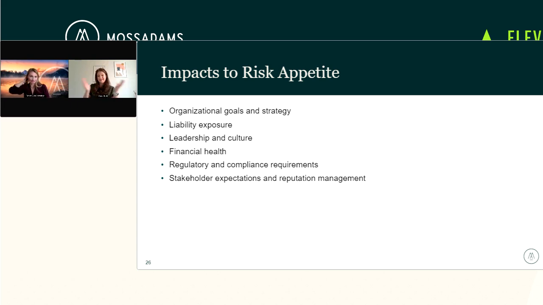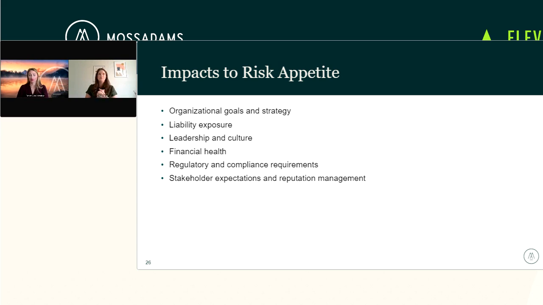It's important to note that your risk appetite can and probably will change over time, depending on how your goals and your strategies evolve. That gets back to why it's so important to keep your risk management processes aligned with your goals and your organization mission at the time that you're operating within.